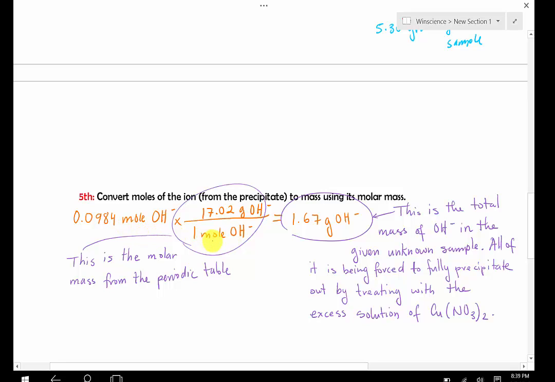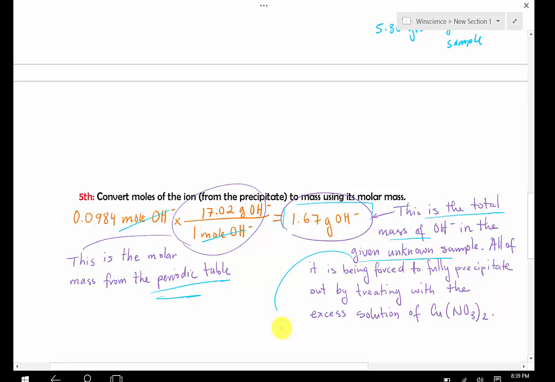So we have this from a periodic table, okay? O plus H, the mass of oxygen plus the mass of hydrogen, gives us 17.02 grams. So the moles of hydroxide cancel out and give us the mass of 1.67 grams of hydroxide. Now this is the total mass of OH in that given sample.